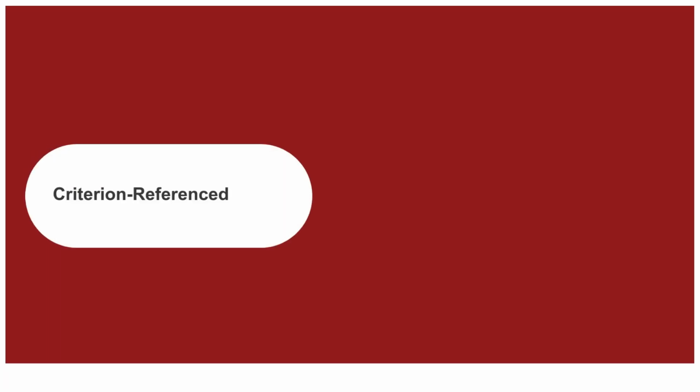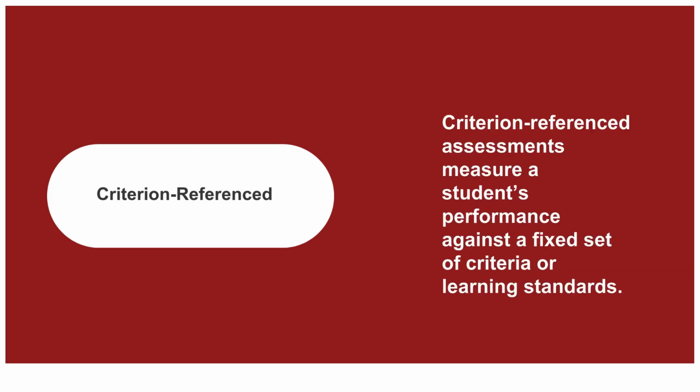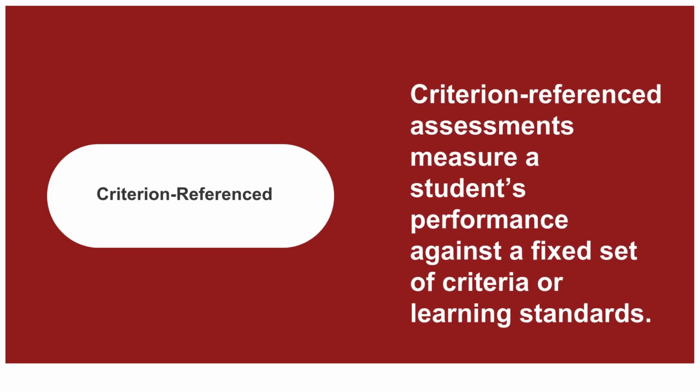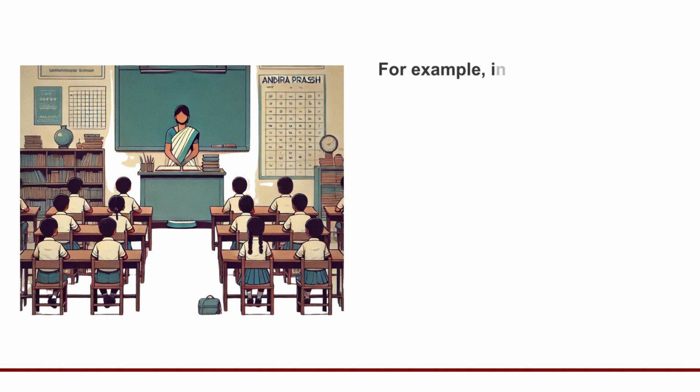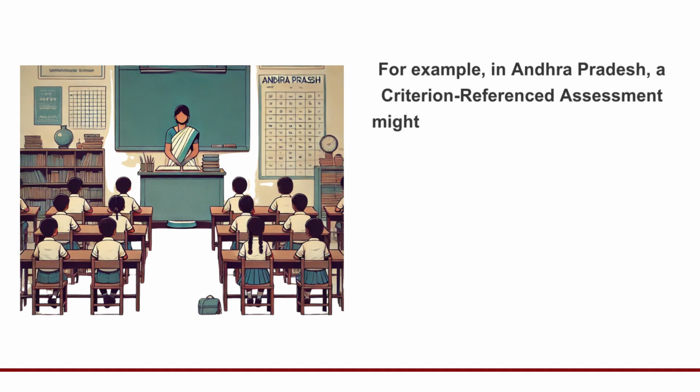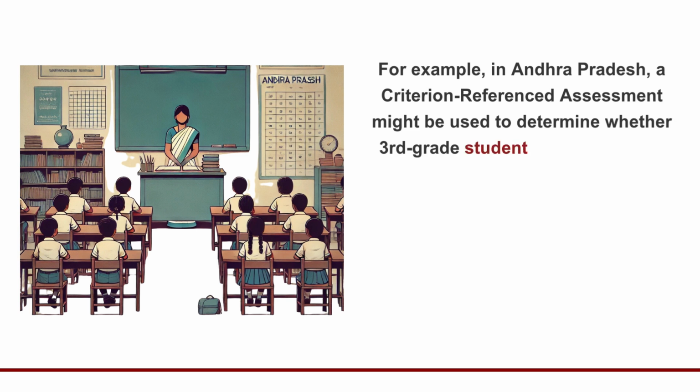Criterion-referenced assessments measure a student's performance against a fixed set of criteria or learning standards. For example, in Andhra Pradesh, a criterion-referenced assessment might be used to determine whether students have mastered basic reading skills.